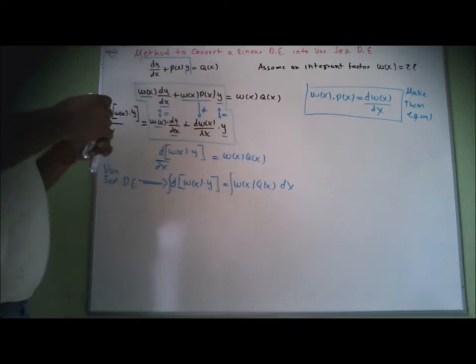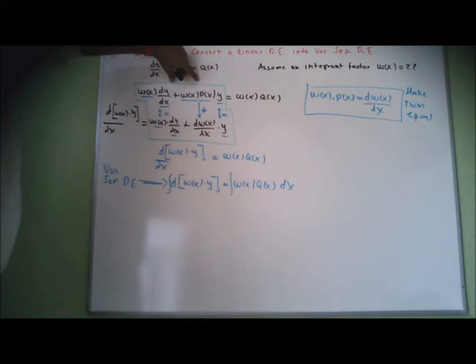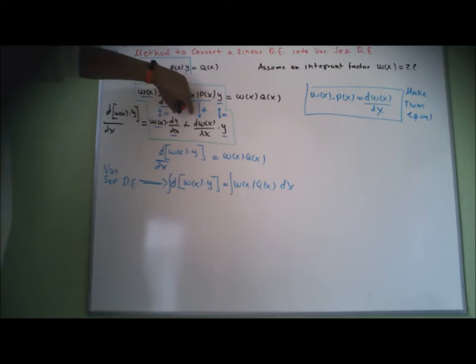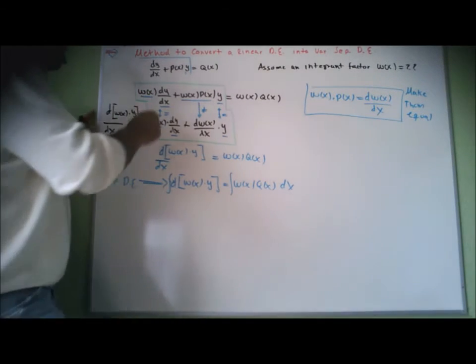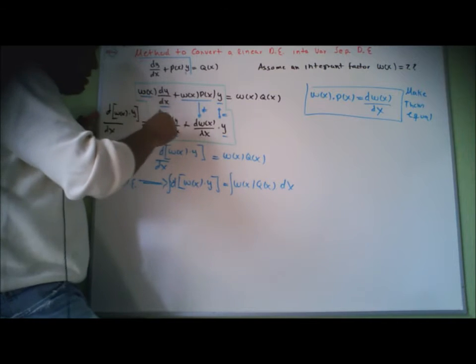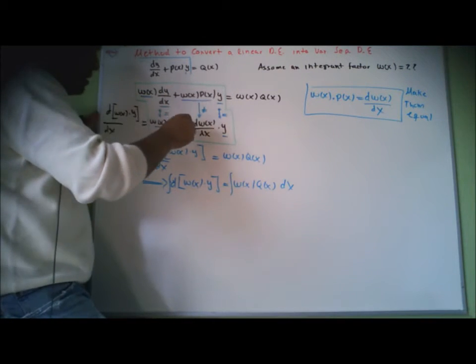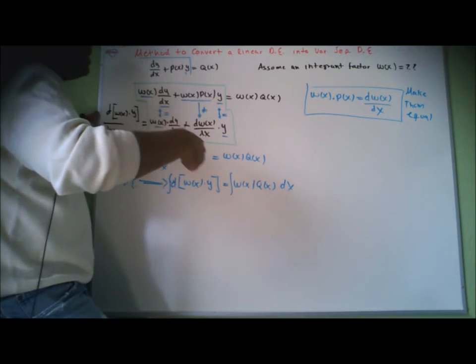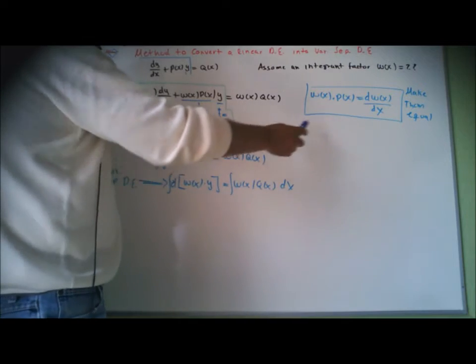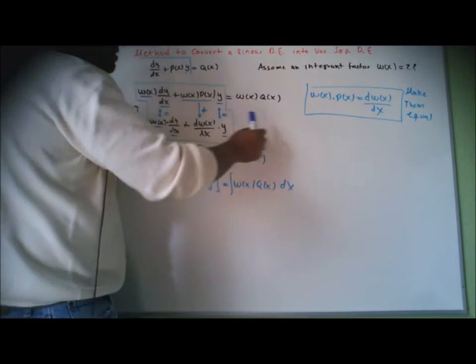Alright, but to do so, what we have to prove is that this is equal to this, so that you can do this step from here to here, but it's not equal, because these are equal, the y is the same, and the only thing that is not equal is this part. So that is why we are going to force it to be equal. That is why I take w of x, p of x equal to the derivative of w of x with respect to x.